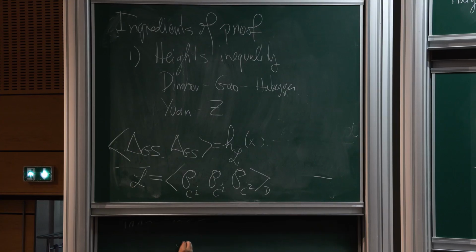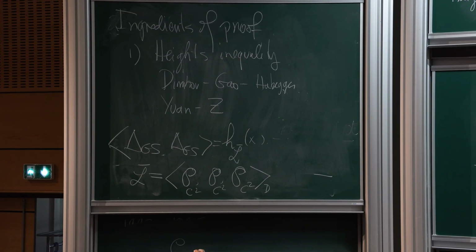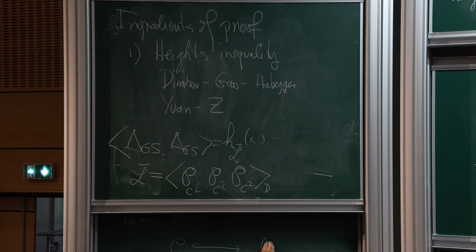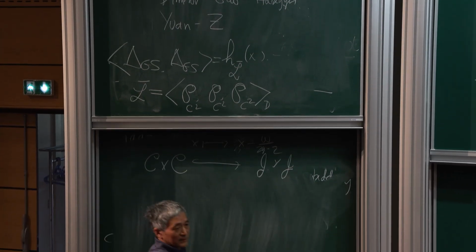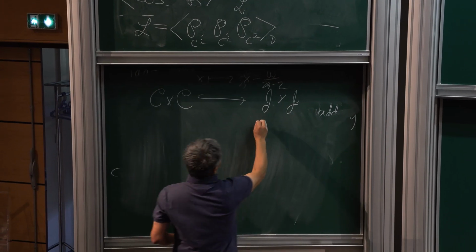If you have a curve, then you embed it into the Jacobian. I use a canonical embedding, so x goes to (2g-2)x minus omega. Then you take two copies of that, and on this you have a Poincare bundle.